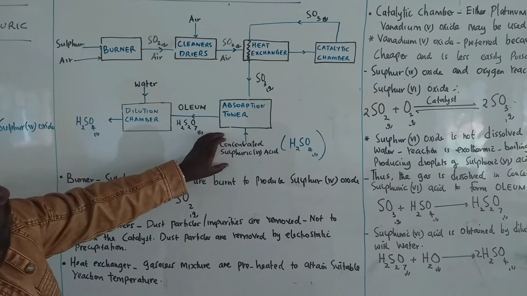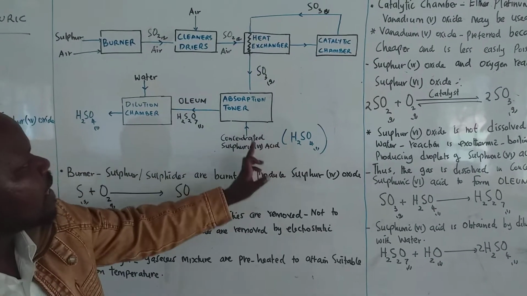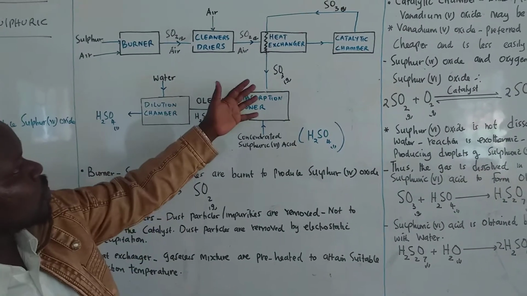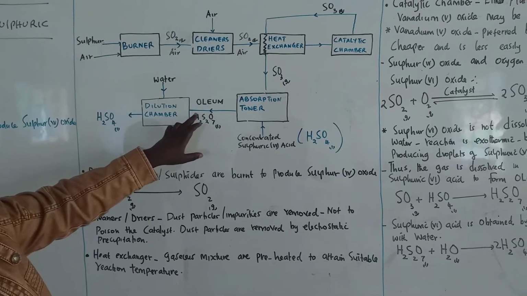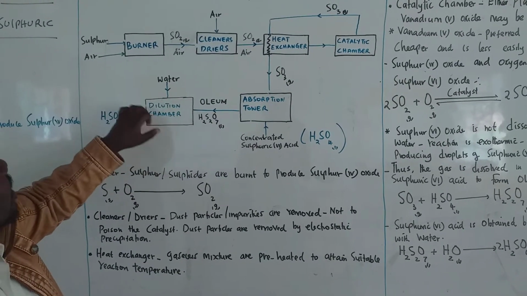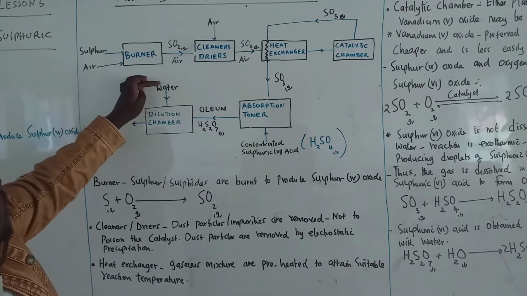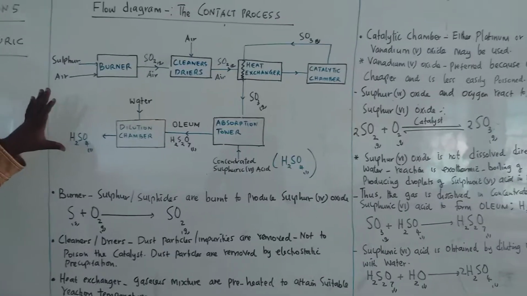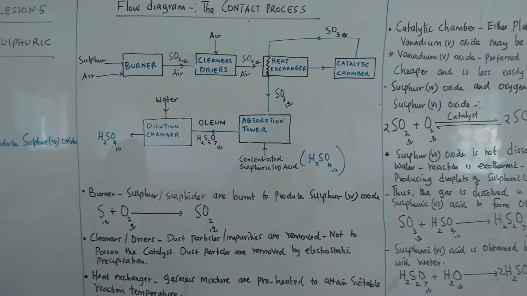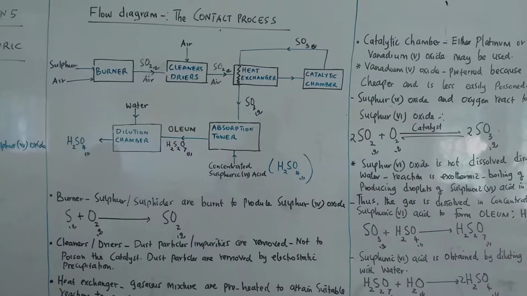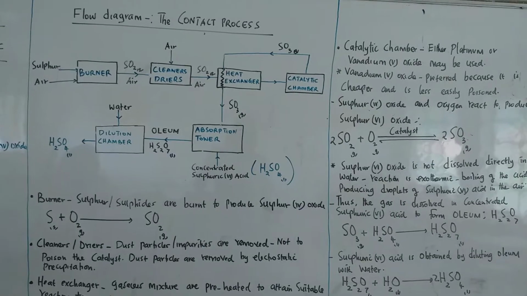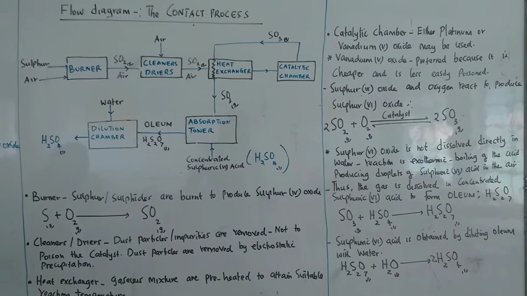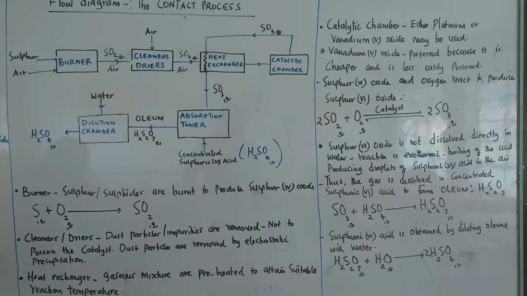Then oleum gets into the dilution chamber, combines with water to form sulfuric acid. That is briefly a summary of the flow diagram that shows the contact process, the industrial manufacture of sulfuric acid.